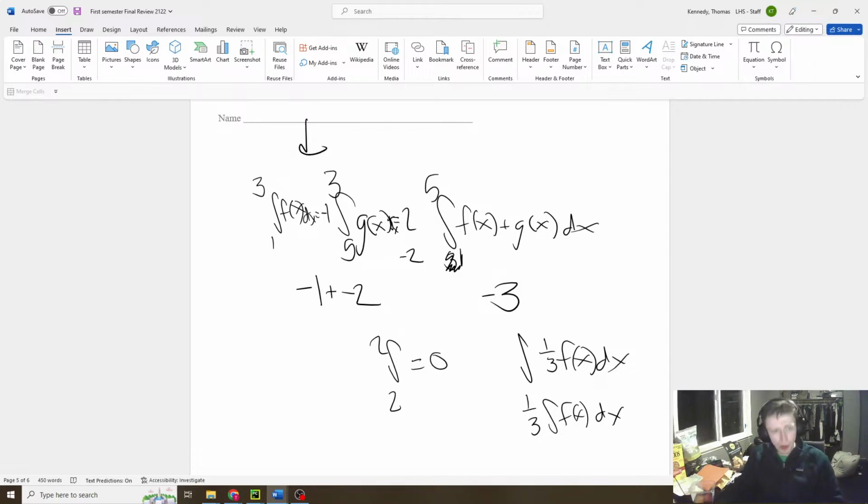Okay, so the big problem people have with integral properties is they get to a test and they think this is a property. They're like, oh yeah, I could just go x squared over 2 plus x squared plus 1 cubed over 3, or sorry, times, plus c.